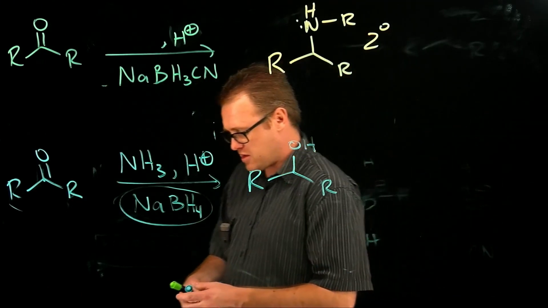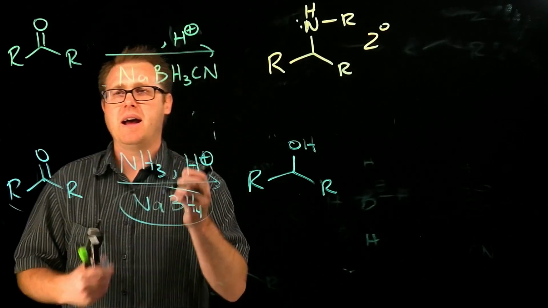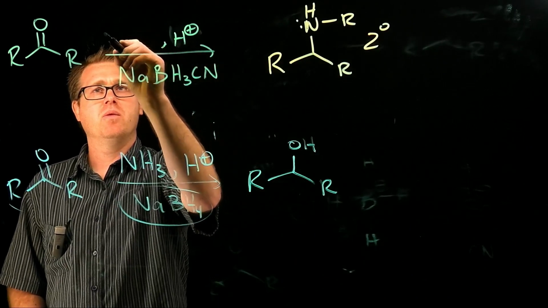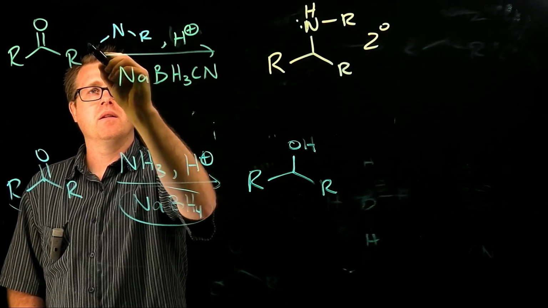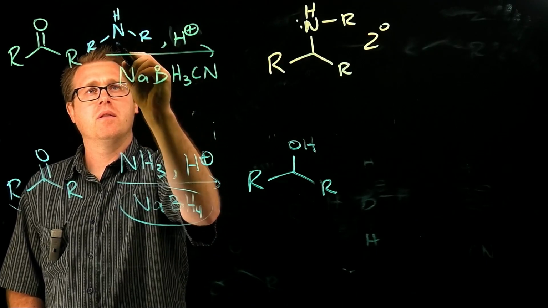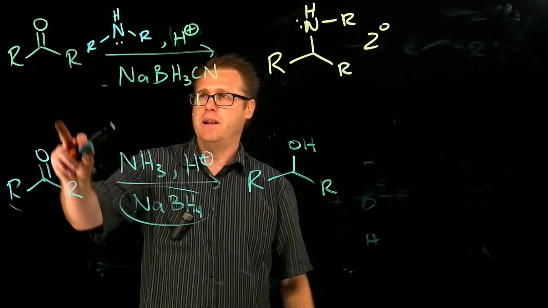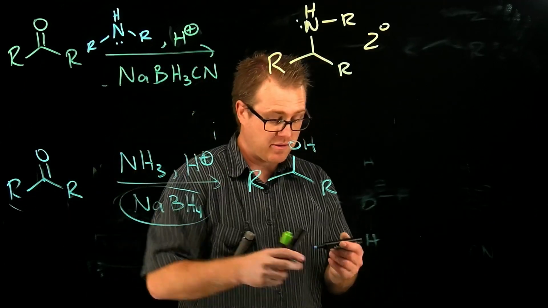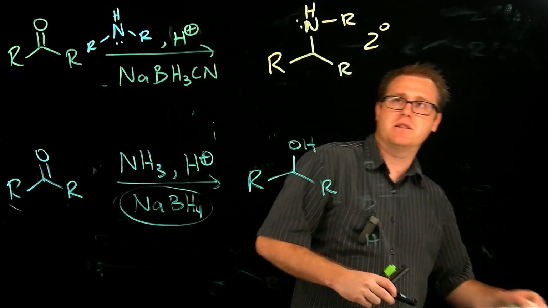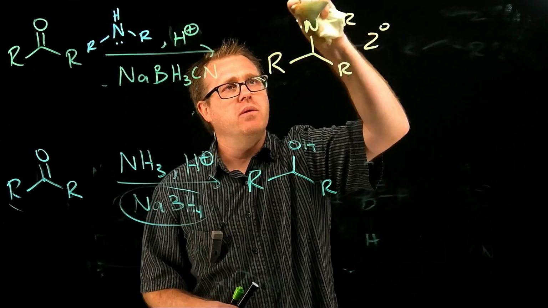Now you can also treat aldehyde or a ketone with a secondary amine. When you treat this with a secondary amine and these conditions under reductive amination conditions, what would we generate?